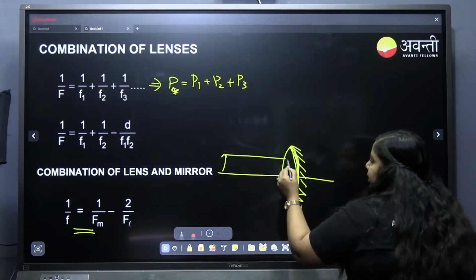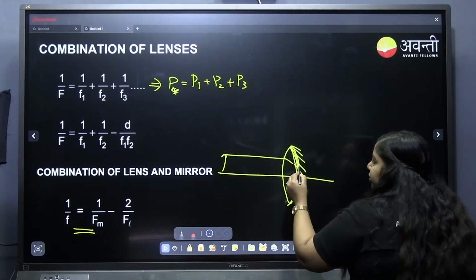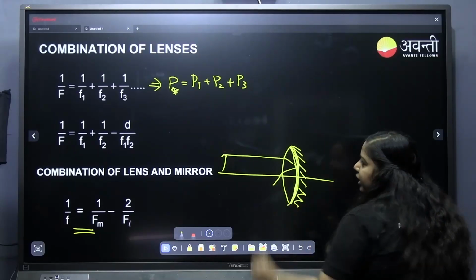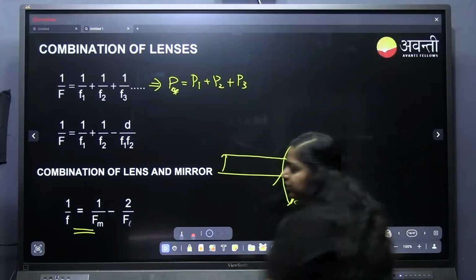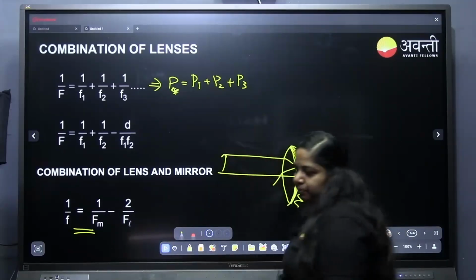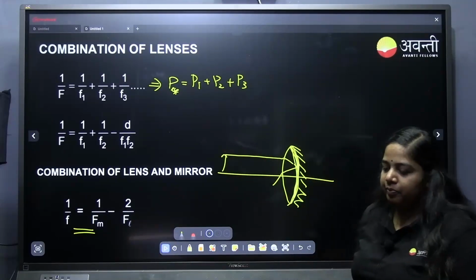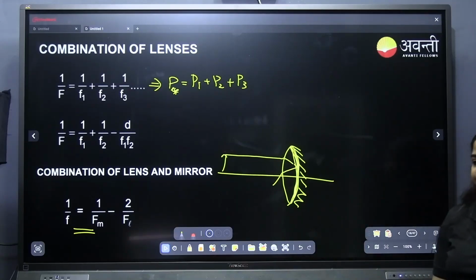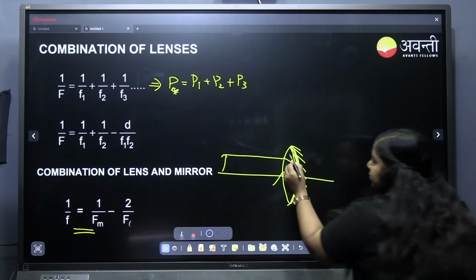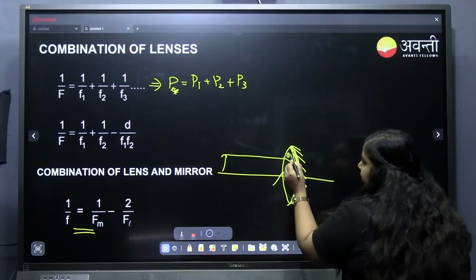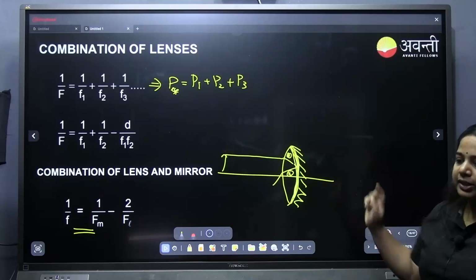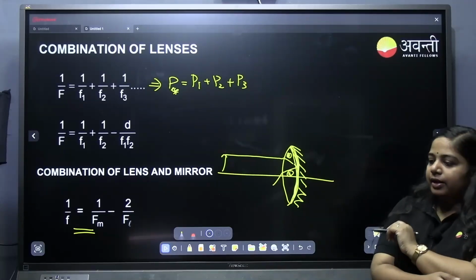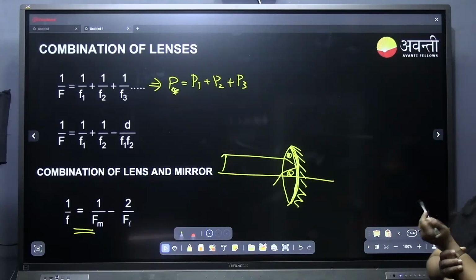First it will refract, then it will reflect, then it will again refract. So 2 times it is passing through the lens. That's why it is 2 by FL. Is it clear? First reflection, then second refraction. 2 refractions are happening. If that's clear, we can move on.